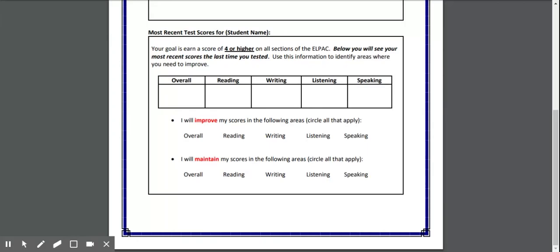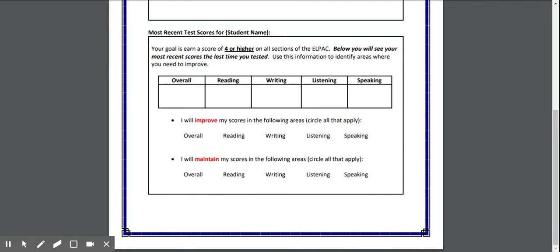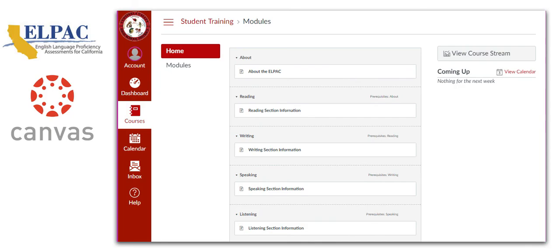Okay, now that you have identified the areas where you need to improve, as you move through this ELPAC prep course, be sure to pay extra careful attention to the types of questions that will be asked on those sections. For example, if you identified that you need to improve in the writing section, then when we get to the section of this ELPAC prep course in Canvas that goes over what to expect on the writing section and actually gives you some sample questions from the writing section, be sure you pay extra careful attention.